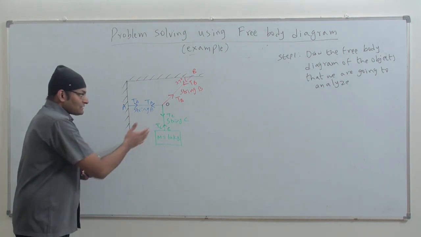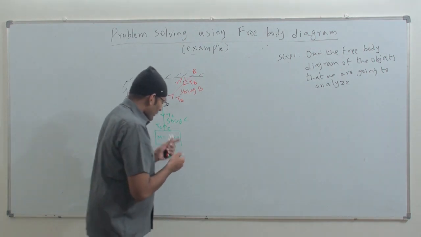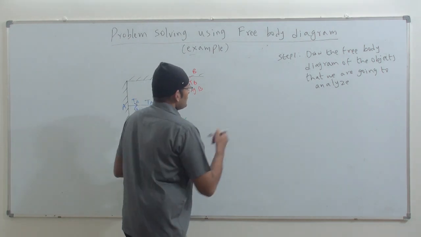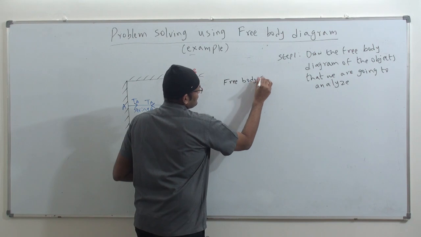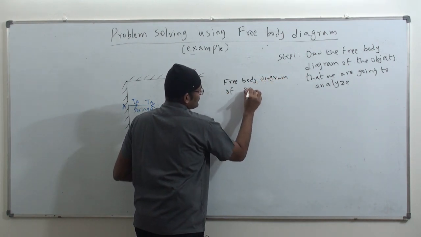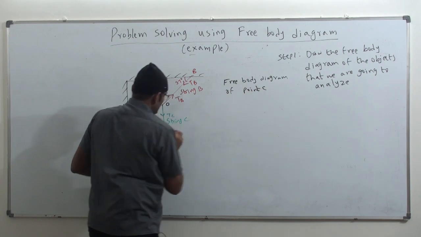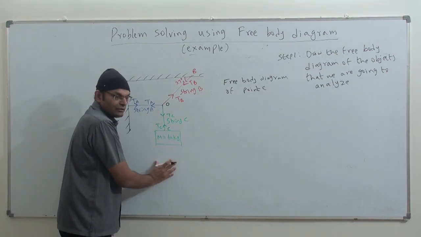Now let us analyze the free body diagram of point C. So this is point C. Now you can see what is the force acting here? The gravitational force.